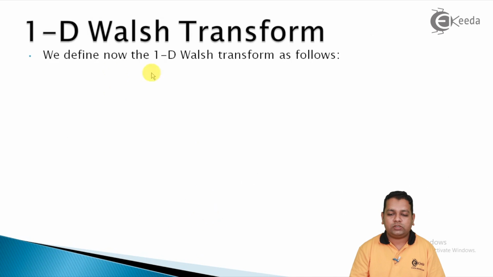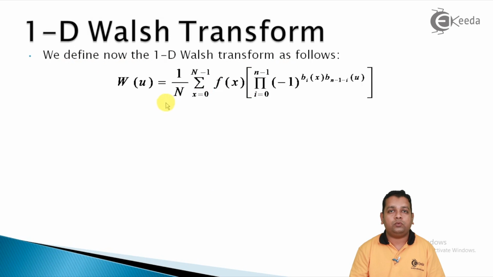In the one-dimensional Walsh transform, we now have the definition, which can be given with the help of this transformation formula. For the forward transformation, we represent it by capital W of u, the transformed image sample or transformed signal.